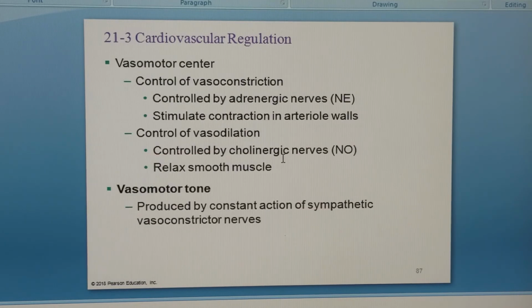Then the vasomotor center controls vasoconstriction, controlled by the adrenergic nerves, which stimulate contraction of the arterial walls, and vasodilation, controlled by the cholinergic nerves, which relax smooth muscle. Then we have vasomotor tone, produced by constant action of the sympathetic vasoconstrictor nerves.